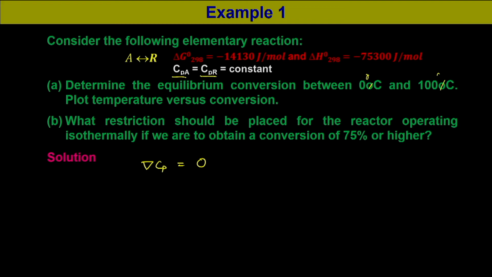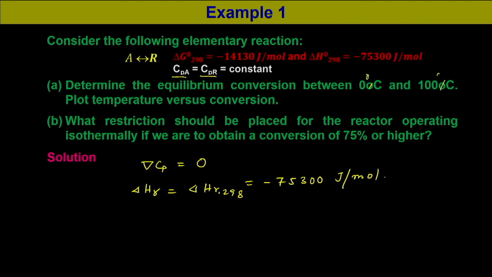So, that means the heat of reaction delta Hr is independent of the temperature. So, in that case we can write delta Hr would be equal to delta H R at 298, which is equal to minus 75,300 joule per mole.